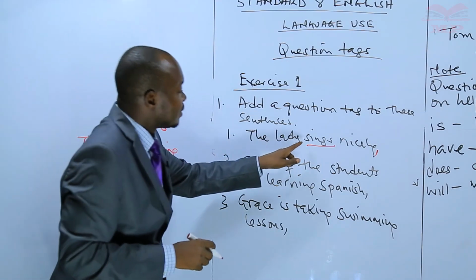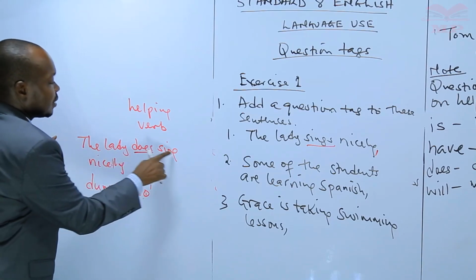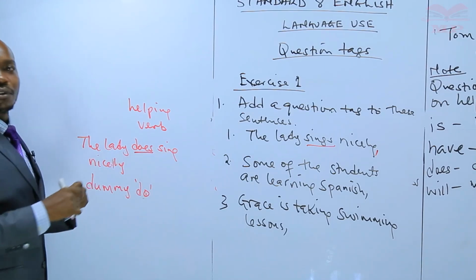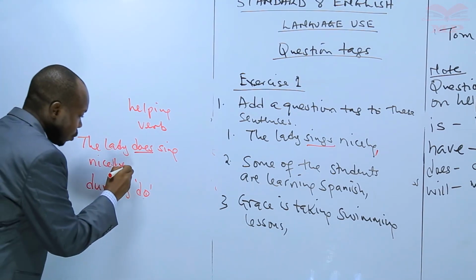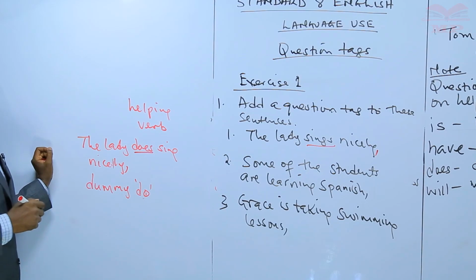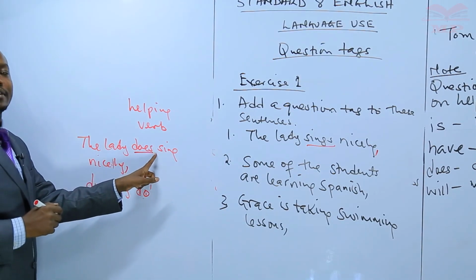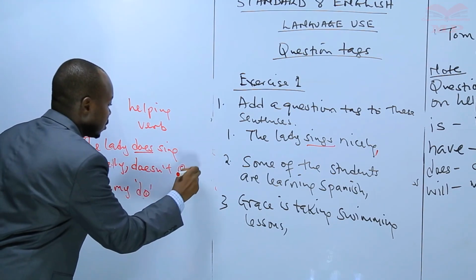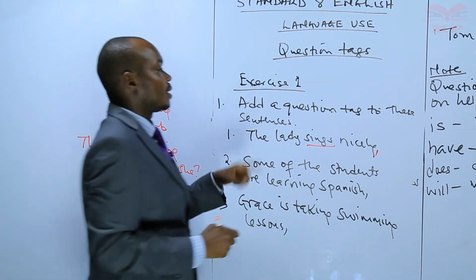So we have does sing nicely here. So what is our supporting verb? Does. Okay? So we're going to put a comma. Then we give it a negative tag. Doesn't she? Right? So the lady does sing nicely, doesn't she?